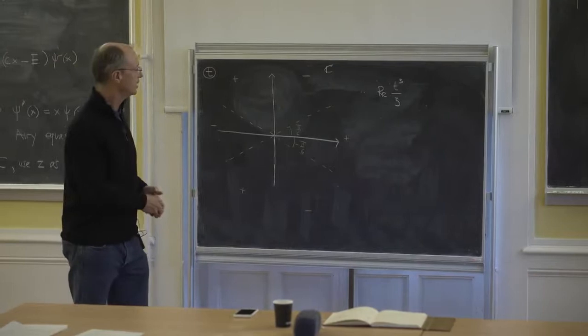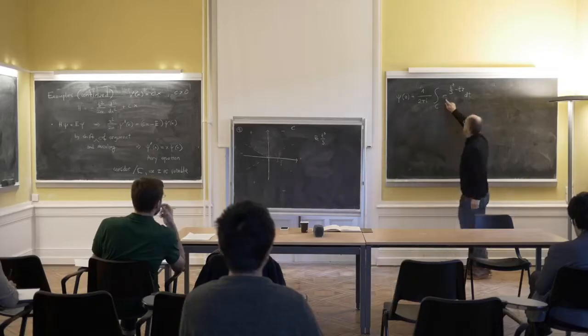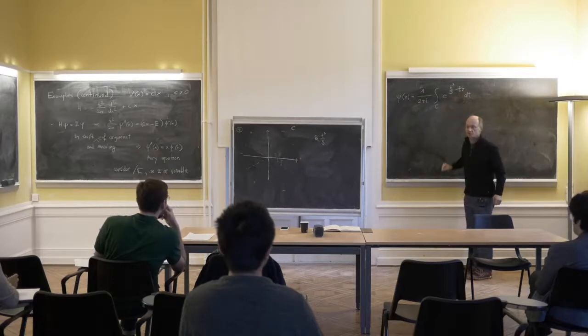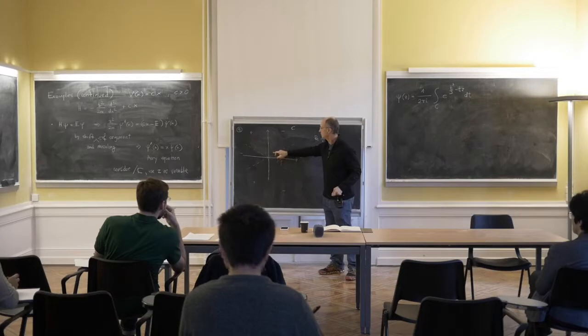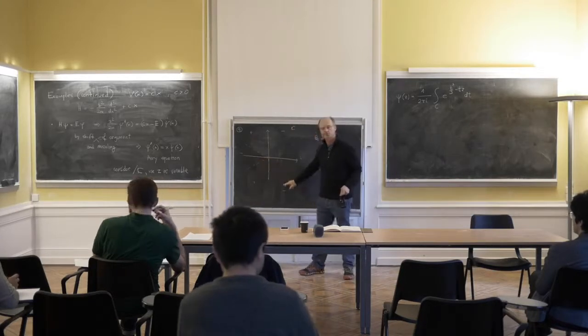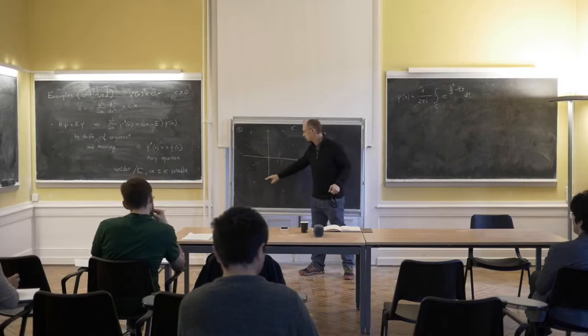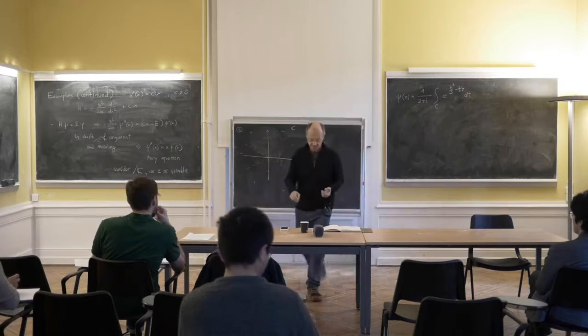So basically this part of the exponential factor, exponential of t cubed over 3, will very fast go to 0 if I go to infinity in one of the minus sectors, and it will blow up if I go to infinity in the plus sectors.